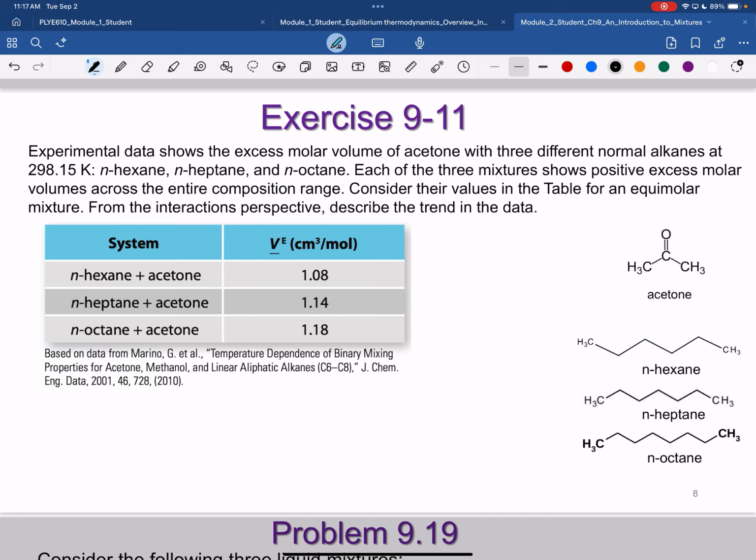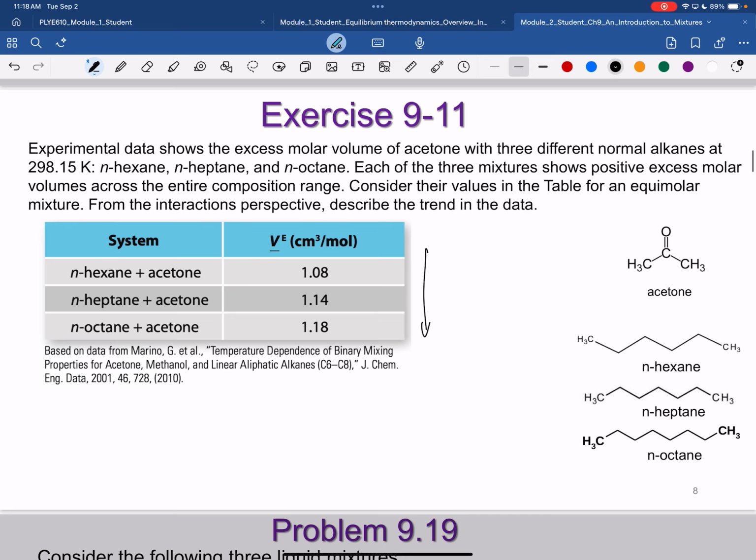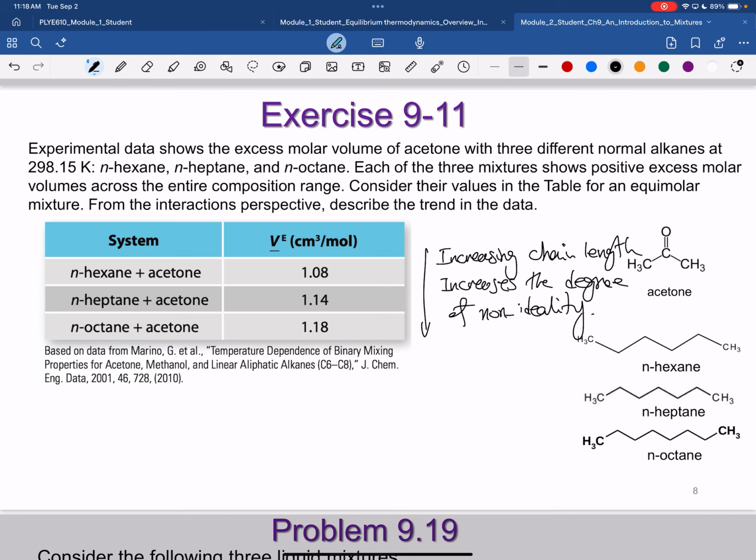So what does it show? Increasing the chain length of one of these components increases the degree of non-ideality. So Vxs goes up, more non-ideal.